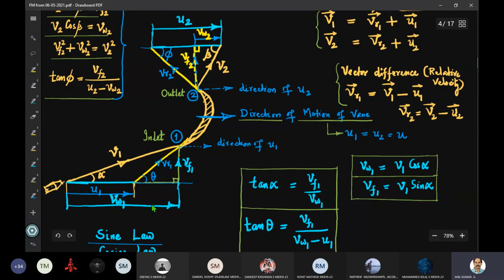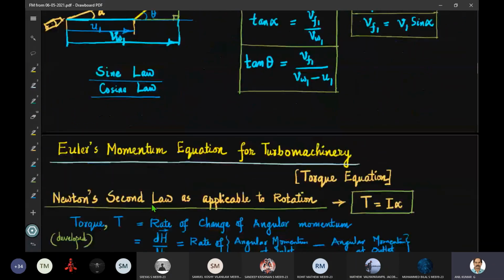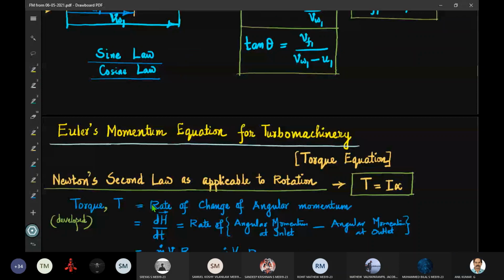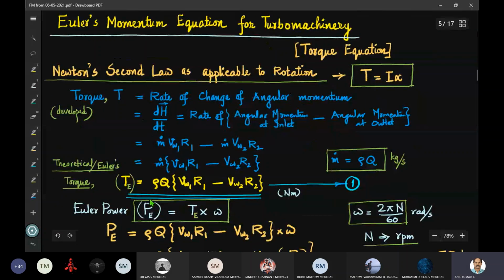Now we will proceed and derive an important equation in the case of turbomachinery, that is called Euler's momentum equation for turbomachinery. That is essentially a torque equation.